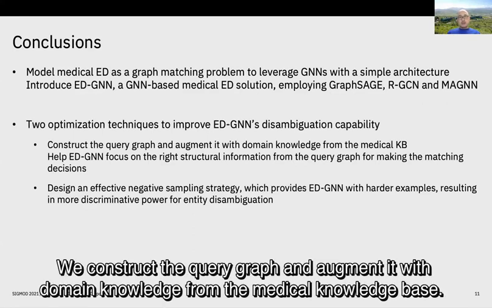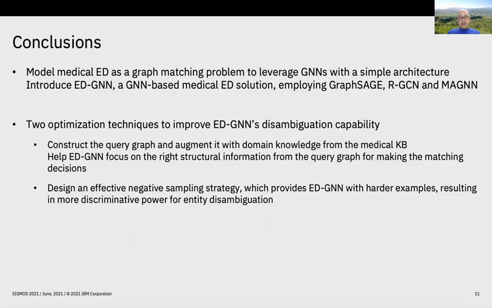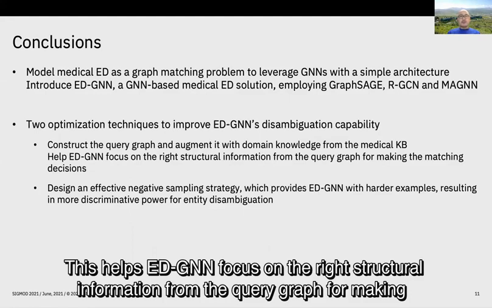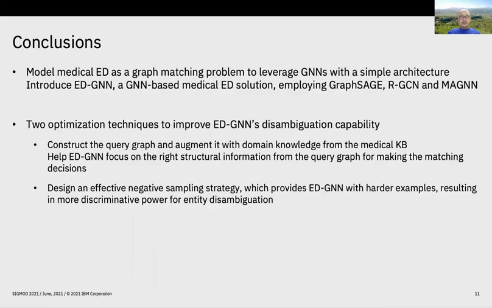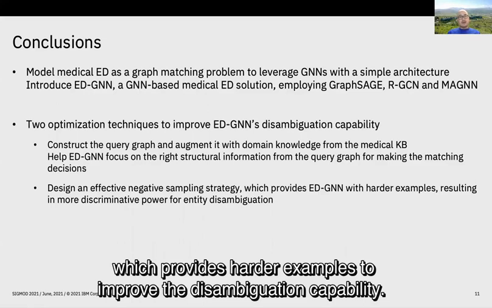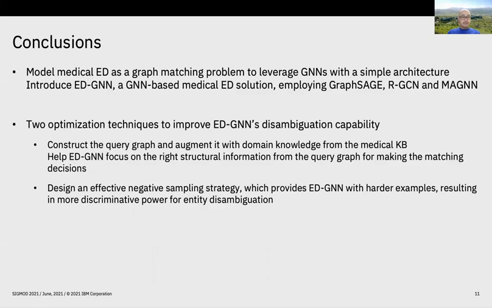We construct the query graph and augment it with domain knowledge from the medical knowledge base. This helps EDGN focus on the right structural information from the query graph for making the matching decision. We also designed an effective negative sampling strategy, which provides harder examples to improve the disambiguation capability.